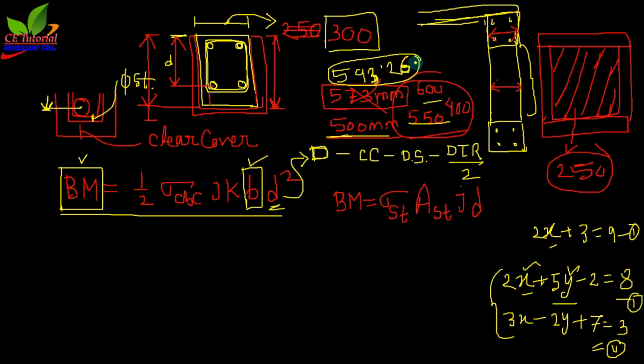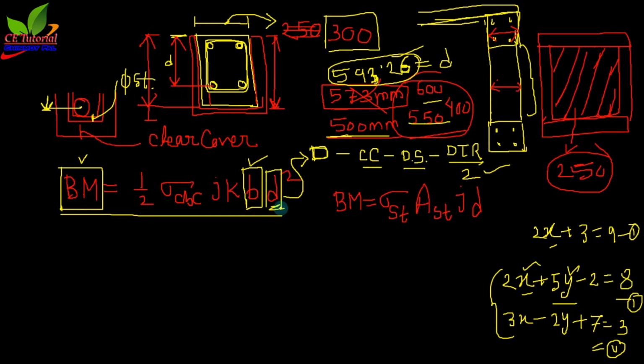So you can use this type of value as an effective depth, no issue, but you can't use this type of value for overall depth. So always keep in mind that you have to assume the overall depth, and next you have to minus clear cover, minus the dia of stirrup, and minus half of the dia of tension reinforcement from the overall depth, and you can get the d value.